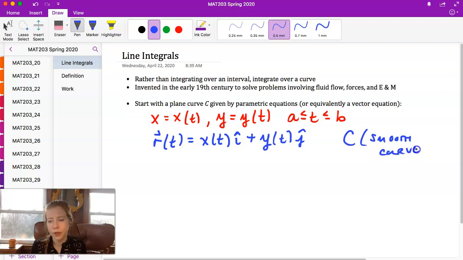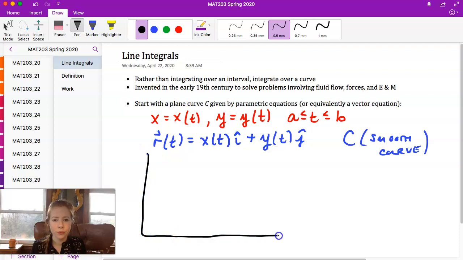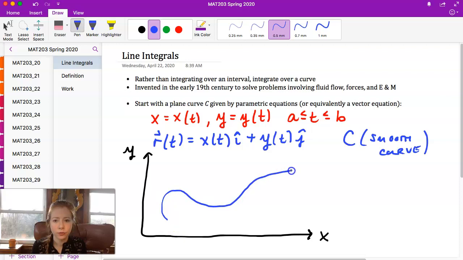Okay, so let's look at a graphical representation of this. All right, so we have y versus x. And I am just going to draw a random smooth curve here that we want to travel along. Okay, so there's our curve.